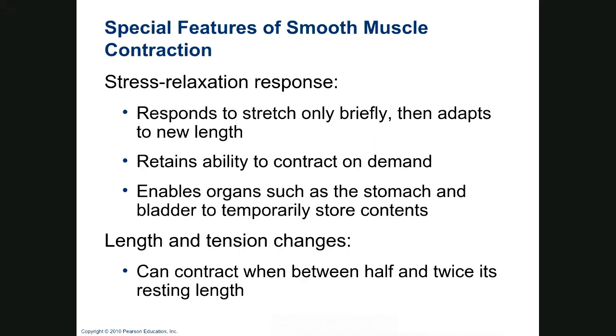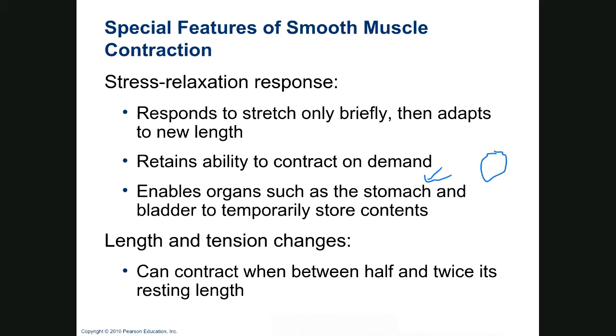Okay, special features of smooth muscle contraction. Stress relaxation response. When you feel your stomach too big or your bladder too big, but let's just use the stomach. That's more fun to think about. You eat too much food, the stomach stretches, you feel full. Oh, I can't eat another bite.